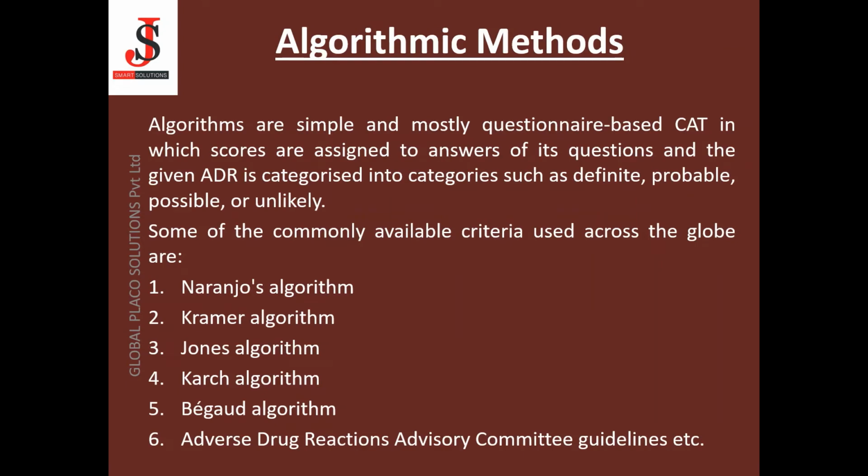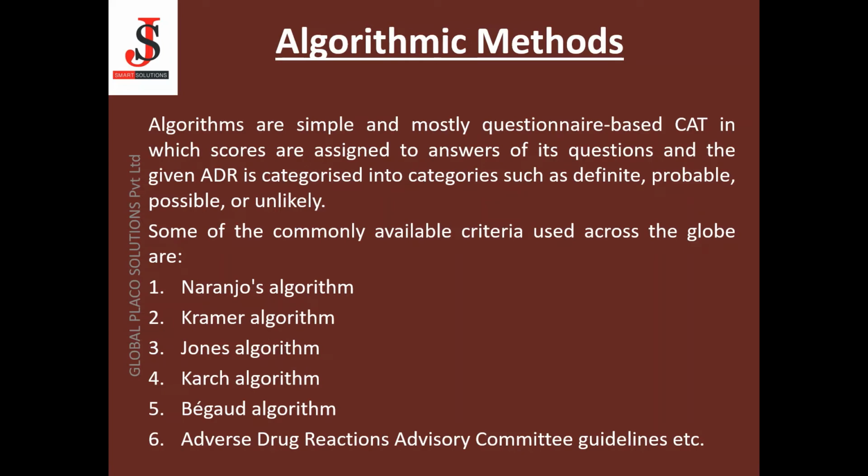Coming to the second one, that is the algorithmic methods. Algorithms are simple and mostly questionnaire based CAT, in which scores are assigned to answers of its questions, and the given ADR is categorized into categories such as definite, probable, possible or unlikely.